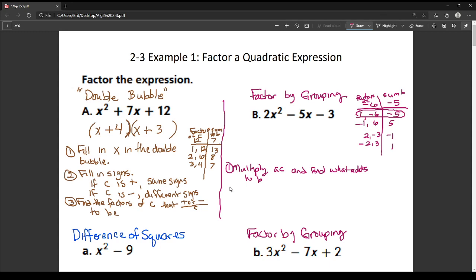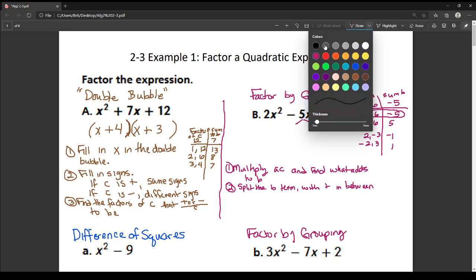So then I'm going to go ahead and split the b term with a plus in between. Alright, so I'm going to be taking this negative 5x and break it into two terms. So the a and c, those are going to stay the same.